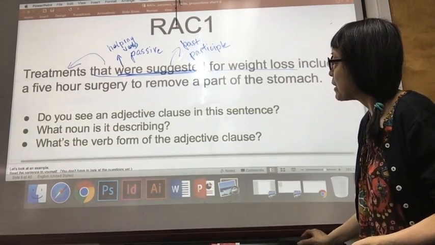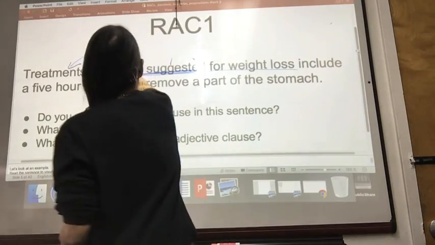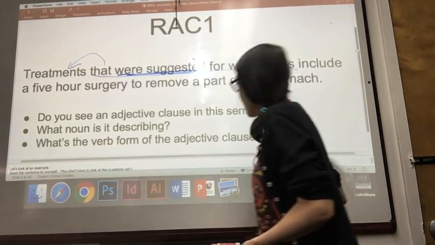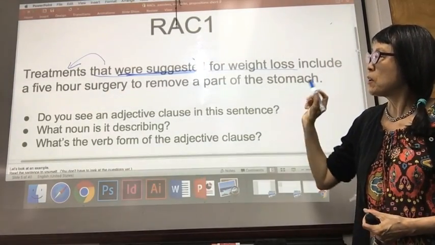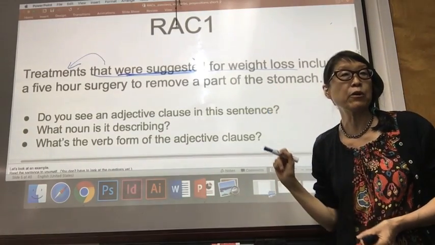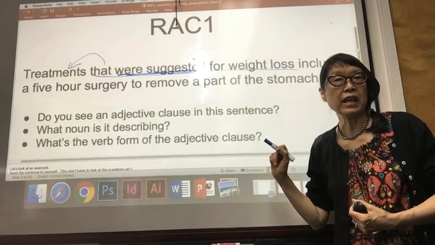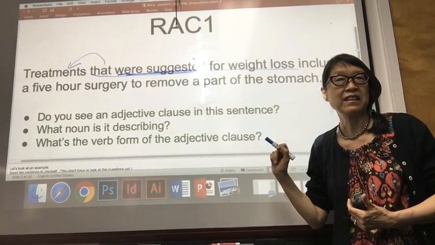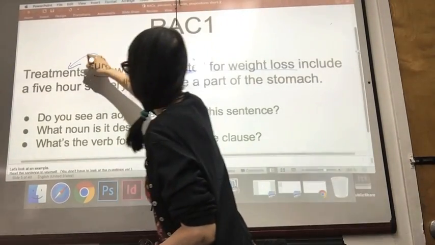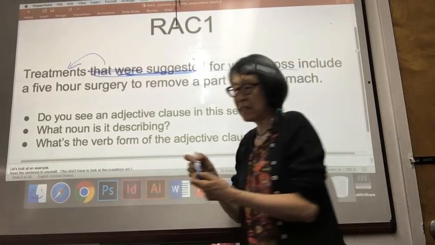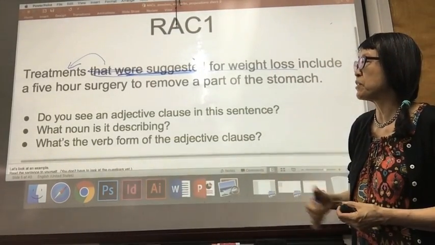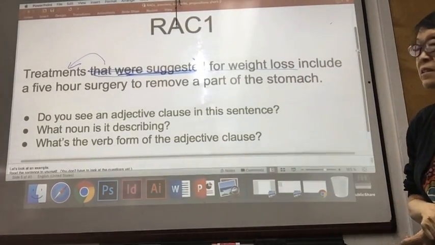Let's think about this. Okay, are there any words that I can take out of the adjective clause? That word. Okay, that word, so we'll take that out. Now let's see, Ying, can you read the sentence to us without that word?